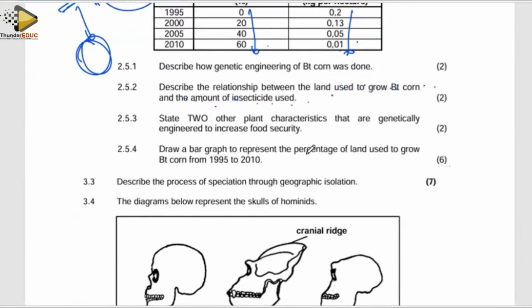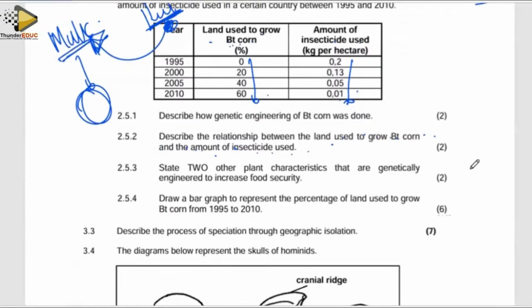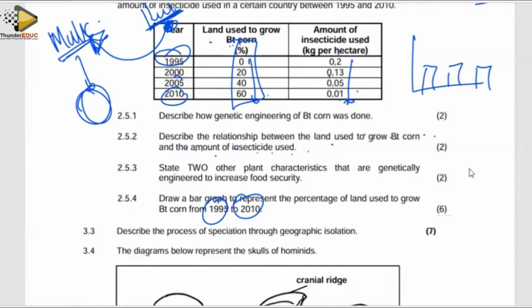Draw the graph to represent the percentage of land use to grow BT corn between 1995 and 2010. You see, 1995 to 2010. So you draw; remember, a bar graph has spaces in between.